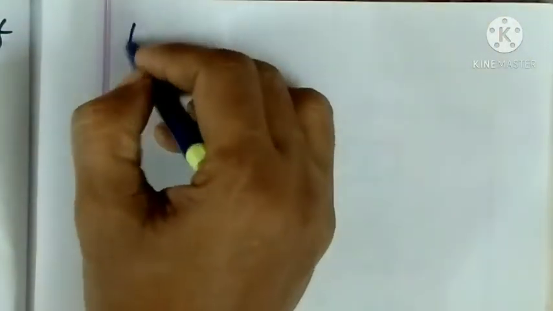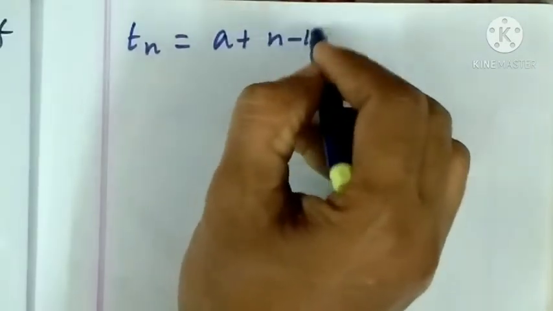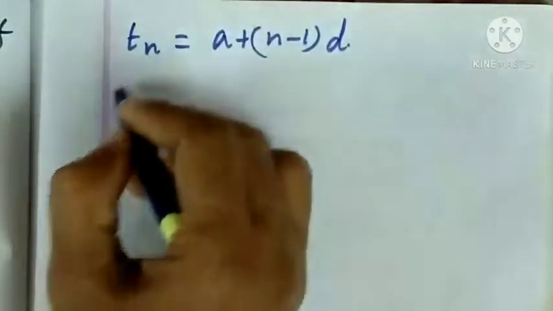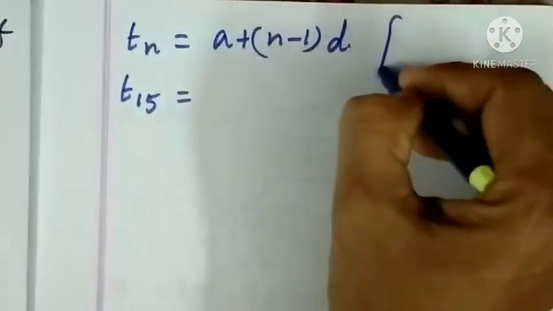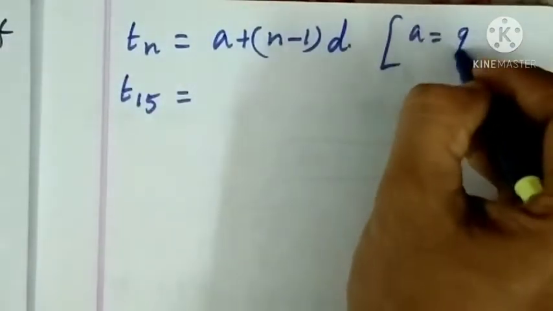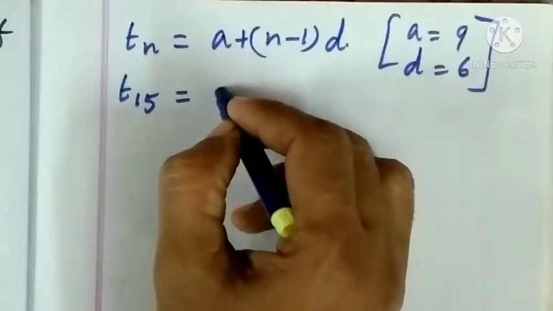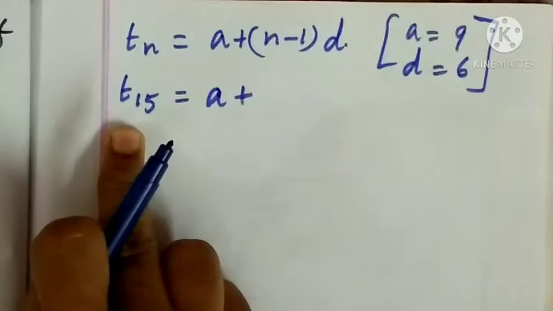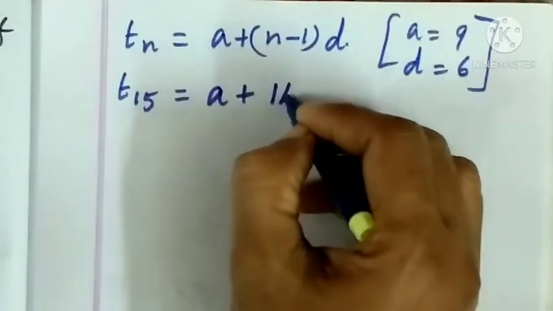First you write down the formula for the nth term, that is Tn is equal to A plus (n minus 1) into D. Then T15 is equal to, here the value of A is 9 and D is 6. A plus, for the 15th term, 15 minus 1 is 14D.